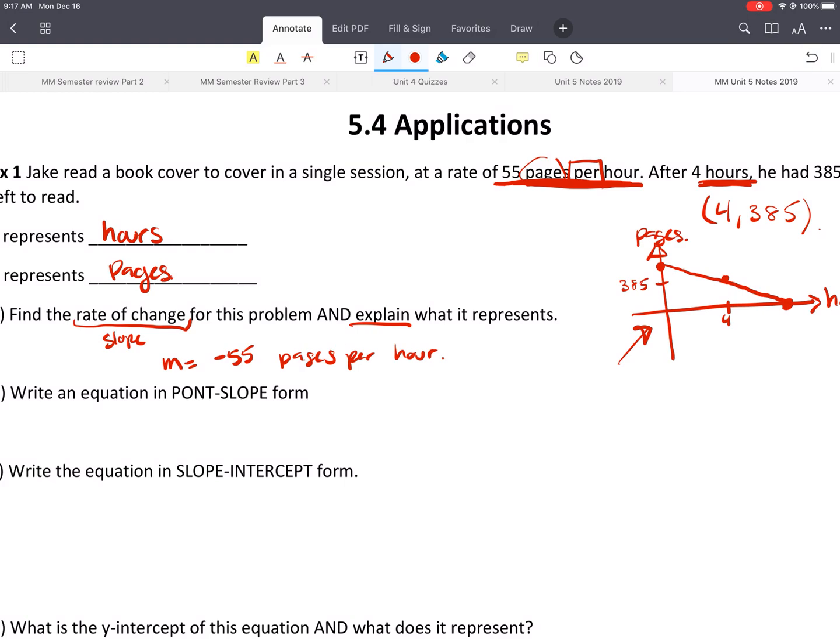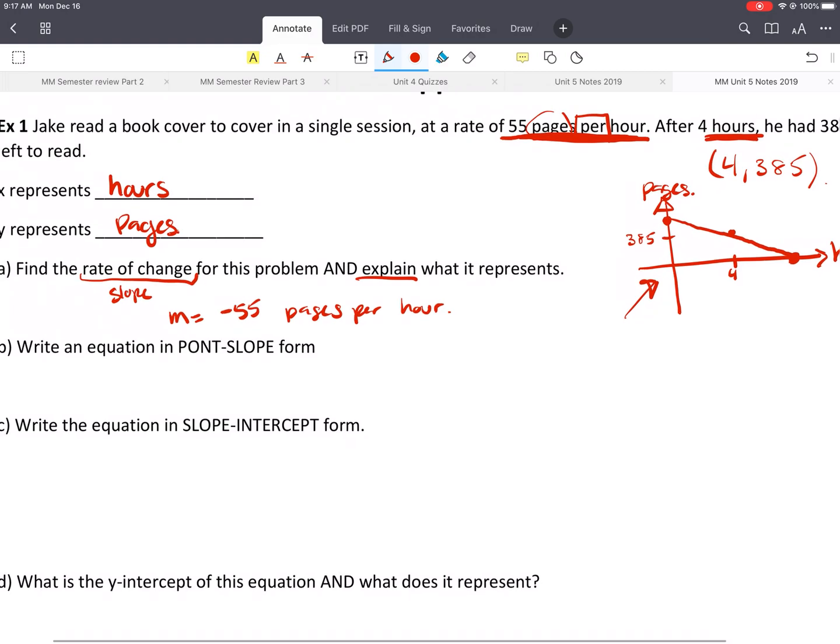Okay, so that's how many pages left per hour. All right, and then it says write an equation in point-slope form. Okay, well, we have a point right here. Our point is (4, 385). And our slope, again, we wrote that down already, would be negative 55.